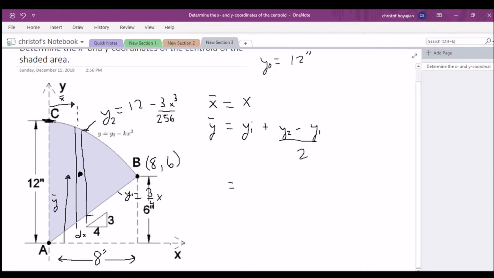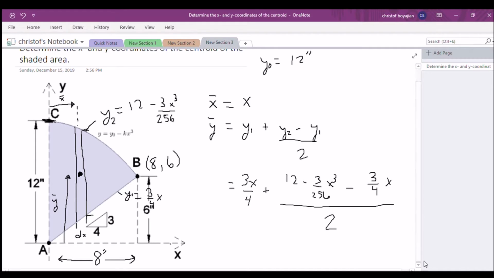So y1 is 3/4 x. So 3x over 4, plus y2 over 2. So y2 over 2 is 12 minus 3 over 256 x cubed minus y1, which is again 3/4 x, and this is all divided by 2.